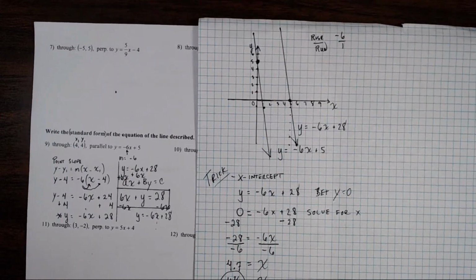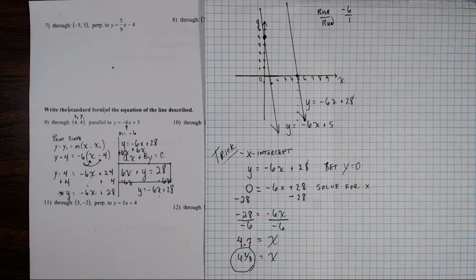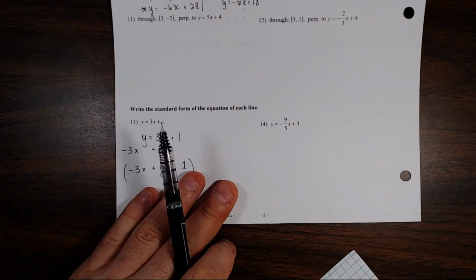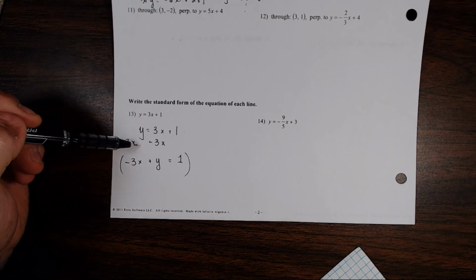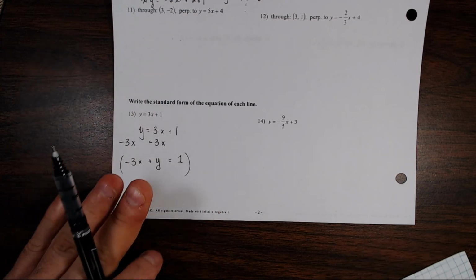So don't worry about using too much graph paper. So I'll leave it there. That is how you do number 9. And then number 13 was just already, it was much easier than number 9. In a way, we were just moving values around. Number 13.